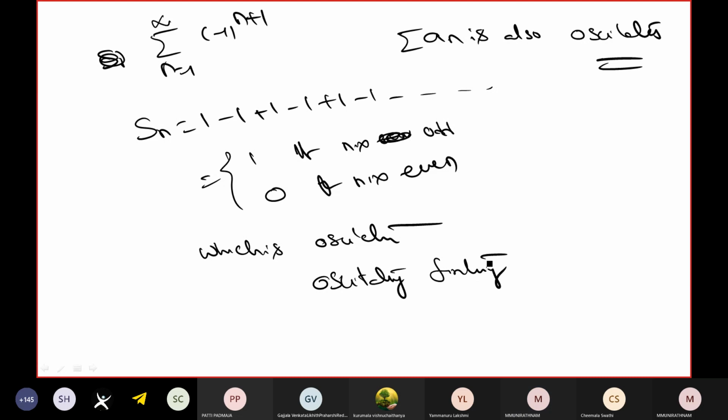If the sum takes values infinitely, that is called oscillating infinitely.